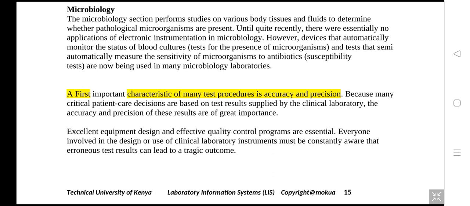When we process and analyze a specimen, we have information. So information actually is a result of that process.